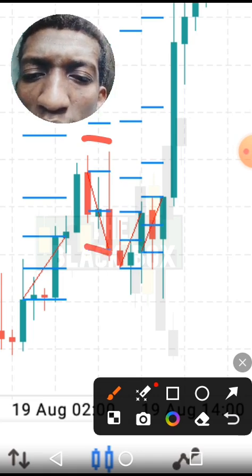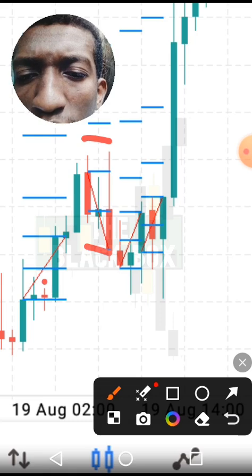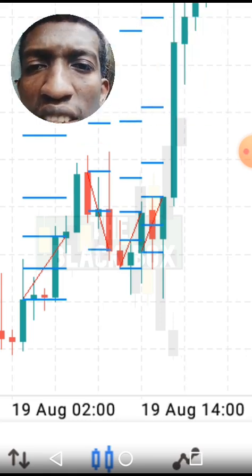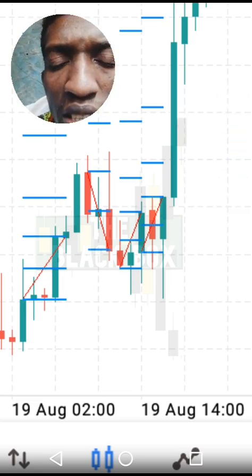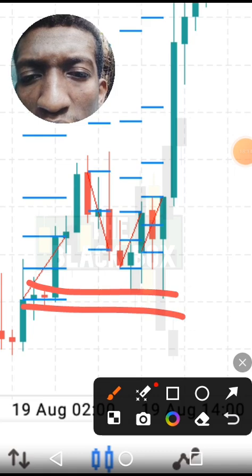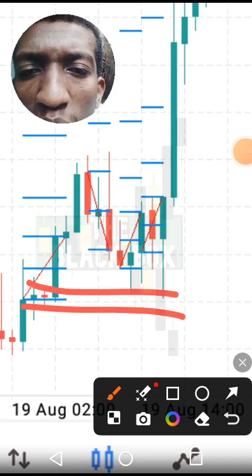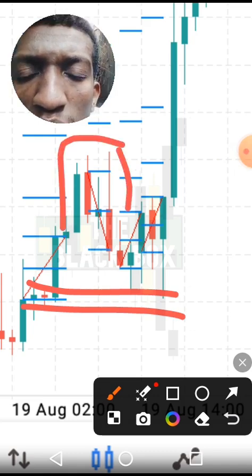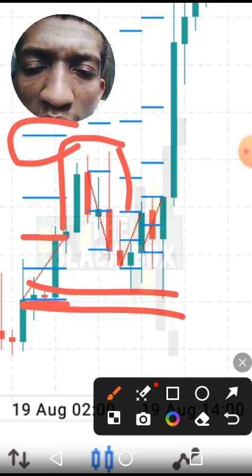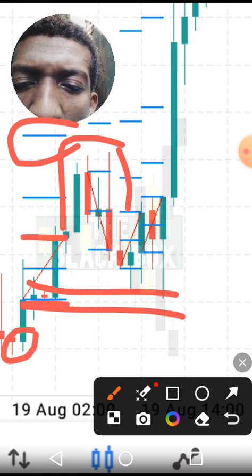You are already in a buy position. So the reason that we are entering a second model here, even though we should trade the recent black box here, is because TP2 was not hit. TP2 for this one was not hit, but TP2 for this one is already hit.